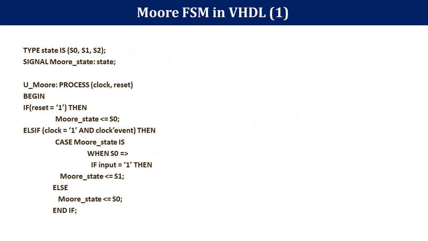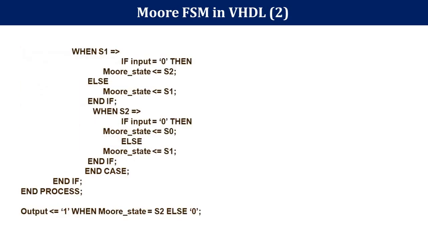If input is 1, then Moore state is S1, meaning the first input of the sequence is detected, so it transits from S0 to S1, hence Moore state is assigned S1. Else if input is not 1, meaning 0, then Moore state should stay in the first state, meaning it is in the wait condition.